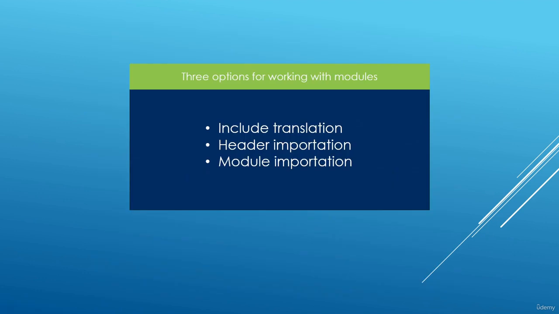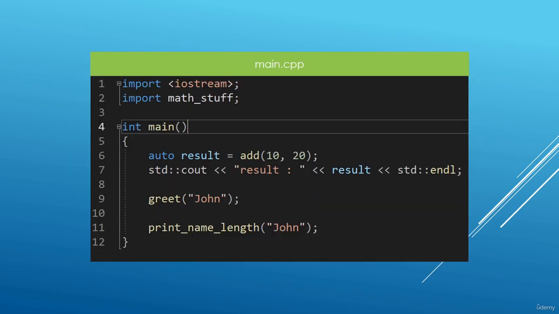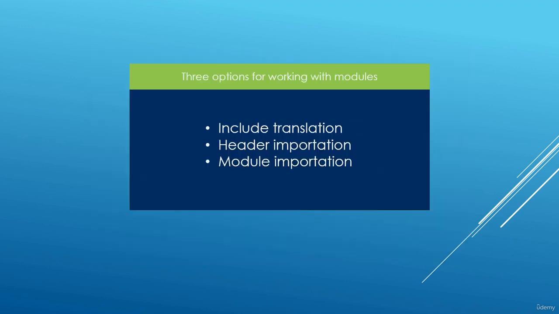And the other way is module importation. Once you have a module defined, you will be able to import it like we are doing in our main CPP file here. This is module importation. So we have three ways: include translation, header importation, and module importation, and you will use whatever makes sense for what you are trying to build.